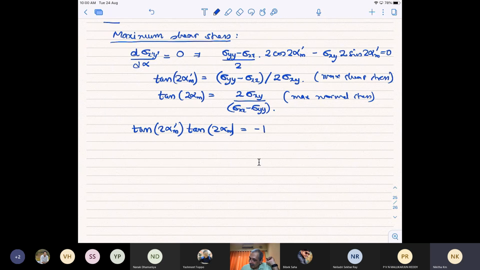So what happens if the product of these two tangents is minus 1? If tan alpha times tan beta is equal to minus 1, that means alpha minus beta is 90 degrees. If they are separated by 90 degrees, then the product of the tangents is minus 1.